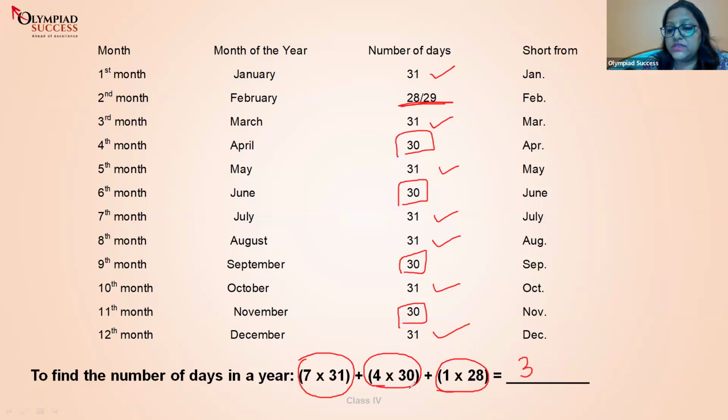So when you multiply and add them up, you get 365 days, the number of days that we have in a year. If you go with the leap year, you have to take this as 29. And then you will be having the number of days as 366. Okay, beta?